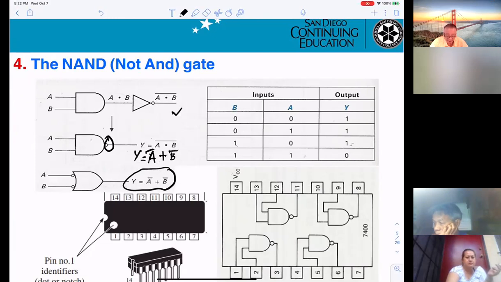So for this NAND gate, if one input is 0, the output must be 1. However, if one input is 1, you cannot tell whether the output is 1 or 0.